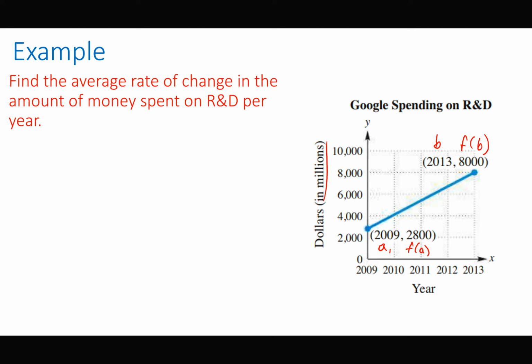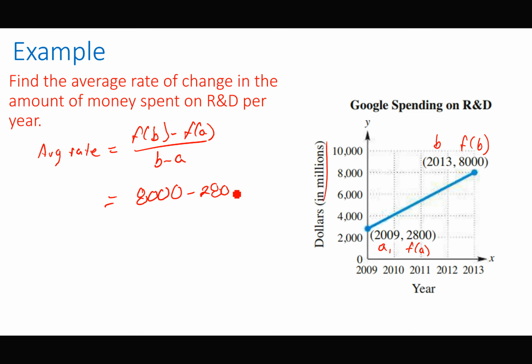So for the average rate, we're simply going to use our average rate formula, which was F of B minus F of A all over B minus A. So on this one, we'd have 8,000, subtract 2,800, all divided by 2013, subtract 2009.